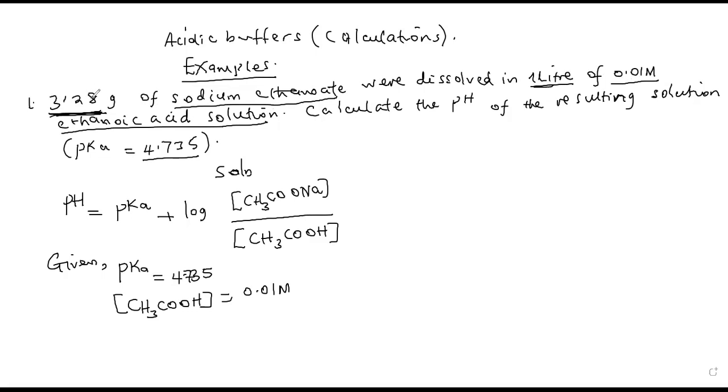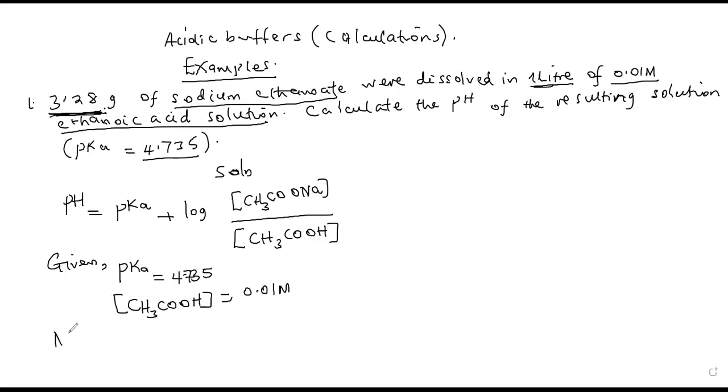It means we need to get the moles of sodium ethanoate per liter, and that will be our concentration. Given mass, when we need moles, we first need the molar mass of sodium ethanoate.